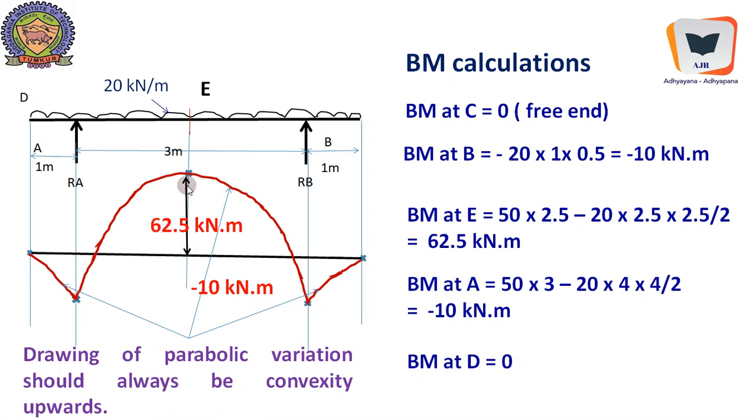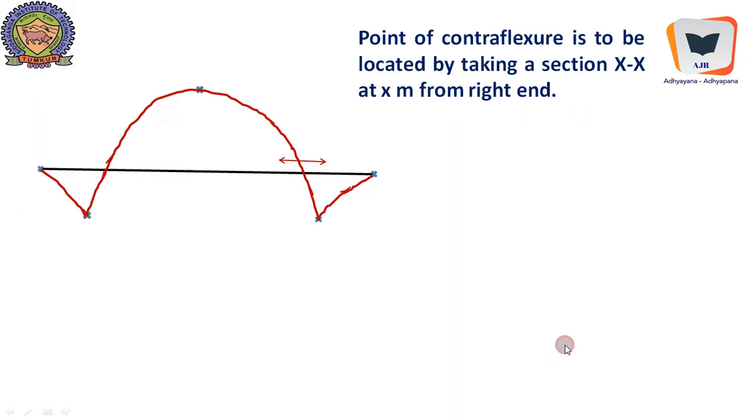This is 62.5, the maximum positive bending moment value at a location where shear force is 0, and this is negative bending moment value, minus 10 and minus 10 over here, due to the symmetry of loading. Now we need to find out where exactly bending moment becomes 0, because that point is a very crucial point over the beam, because the behavior of the beam will become different.